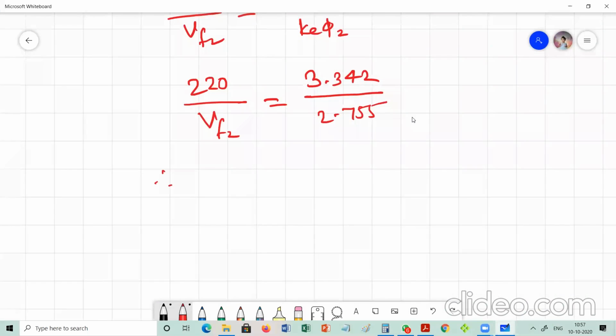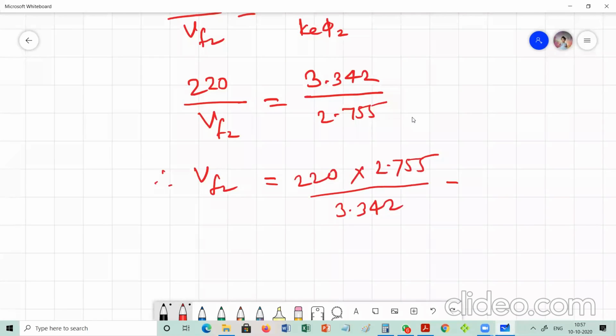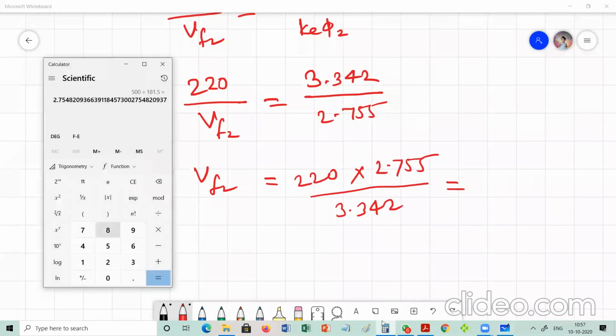Therefore Vf2 is equal to 220 into 2.755 divided by 3.342, which is equal to 181.36.